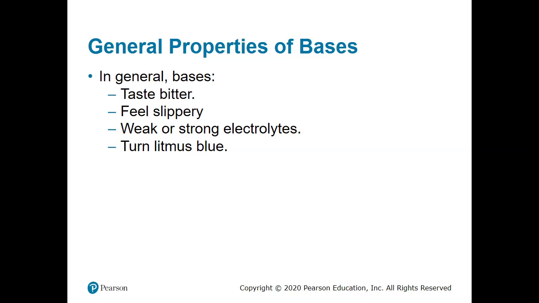When you think of things like antacids, which are usually basic compounds, not necessarily hydroxides, but basic compounds of carbonates, those tend to have a bitterness to them. Baking soda has a bitterness to it. Bases in general have a slippery feel to them. Not necessarily in their solid form, but certainly when we put them into solution. You run the solution over your fingers and they slide over each other like you've got soap on.